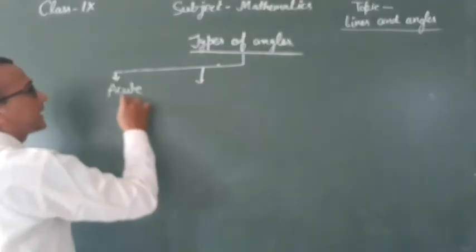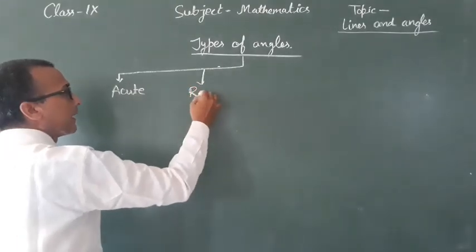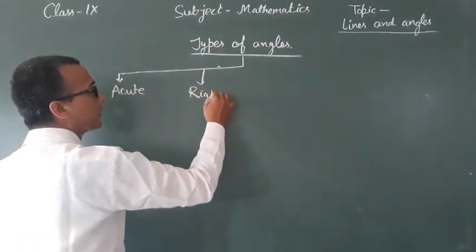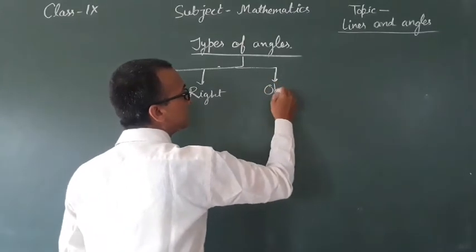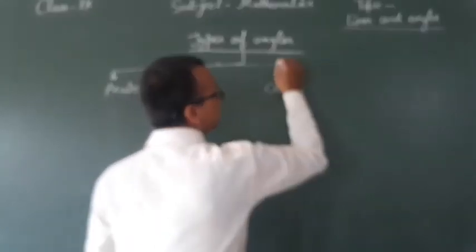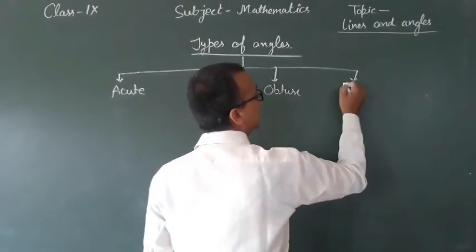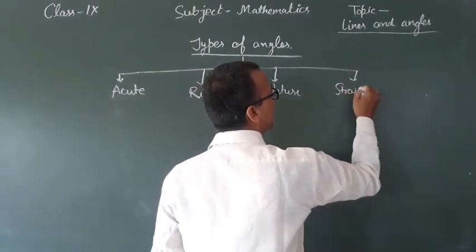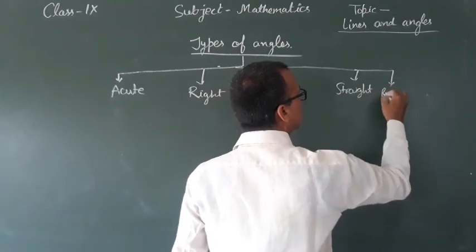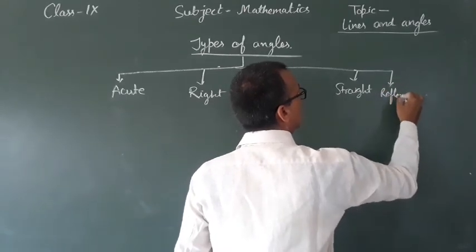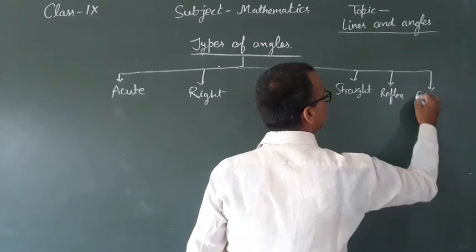You can make a chart like this: acute, right, obtuse, straight, reflex, and complete.